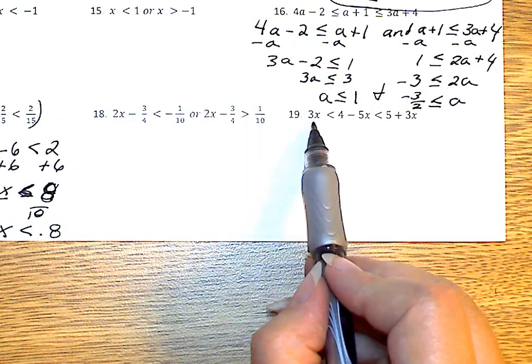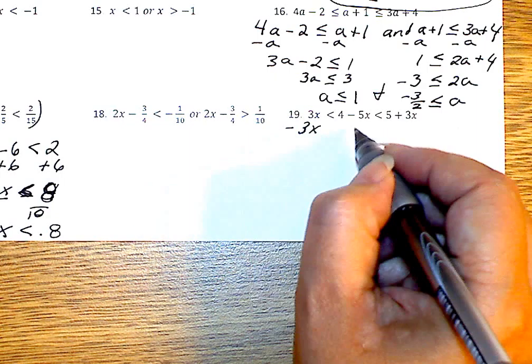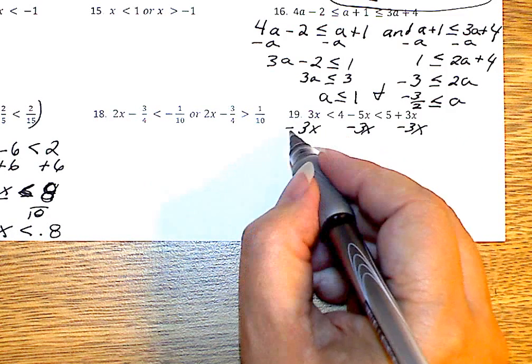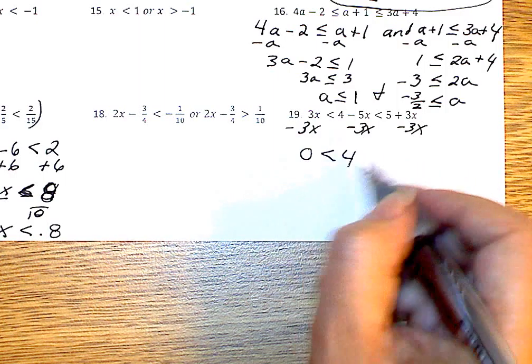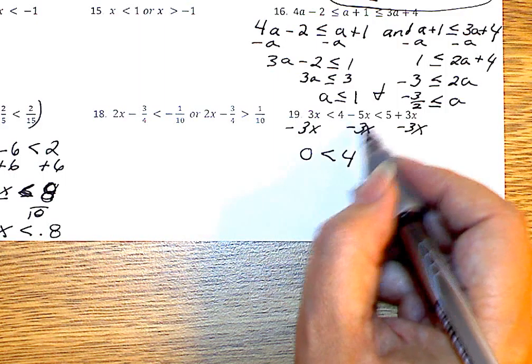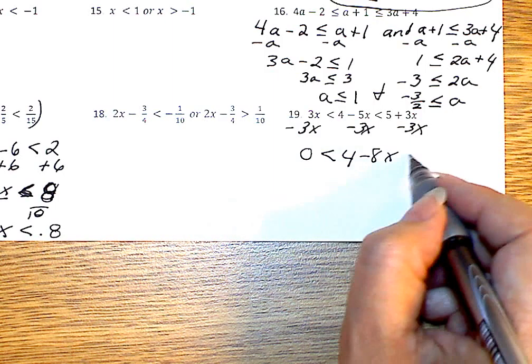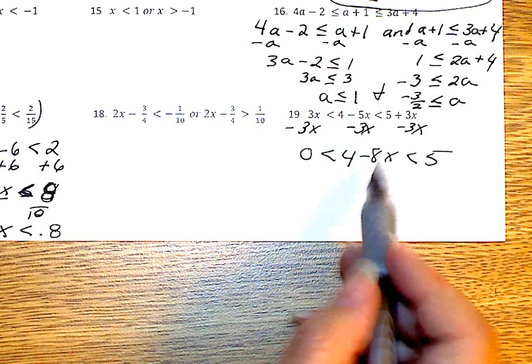Since there's 3x there and 3x there, I'm going to subtract 3x all the way across. So 3x minus 3x is 0, is less than your 4. Negative 5x minus 3x gives me a negative 8x is less than my 5. So I got my x's in here, so now all I have to do is get rid of everything else.